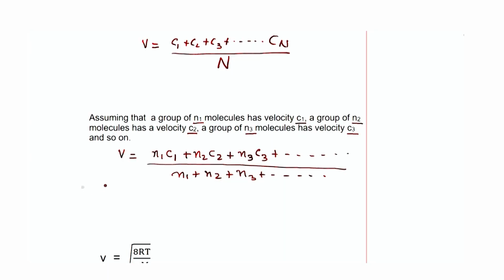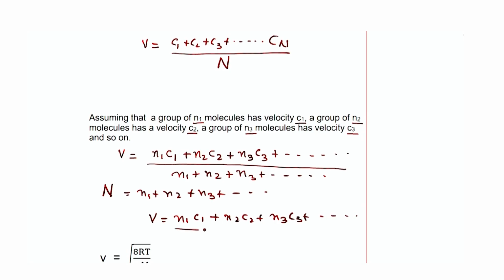But since the total number of molecules is capital N, that will be equal to N1 plus N2 plus N3 plus so on. Then V is equal to N1 C1 plus N2 C2 plus N3 C3 plus so on, whole divided by capital N. So, this is the average velocity.